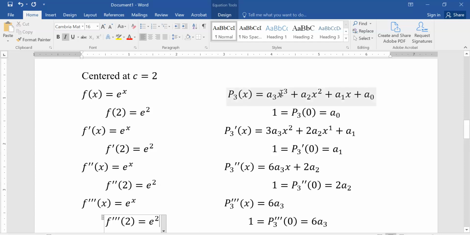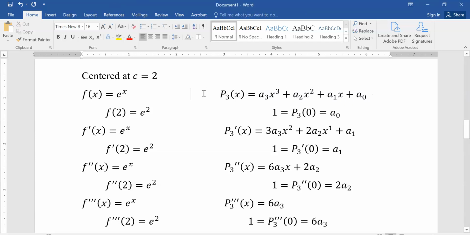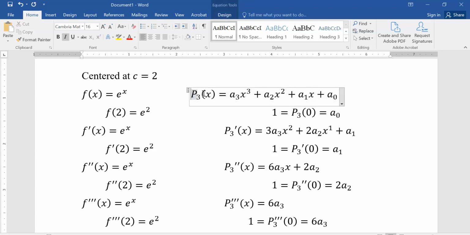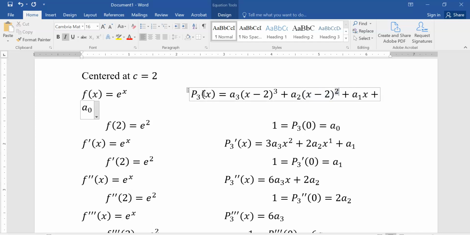The other thing is, when you go and try to find coefficients, you could write your polynomial like this, but it turns out your polynomial is much easier to deal with if we want to center it at 2. Instead of writing x, write x minus 2 every time you deal with an x.